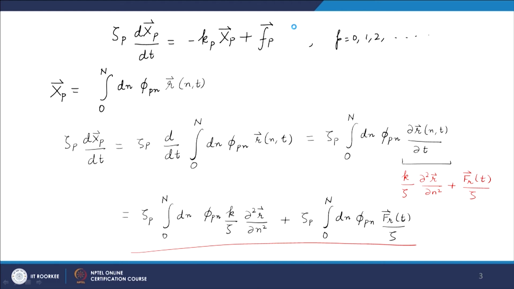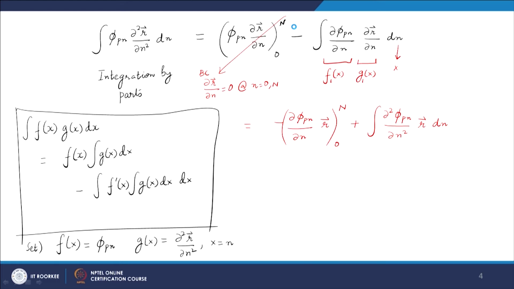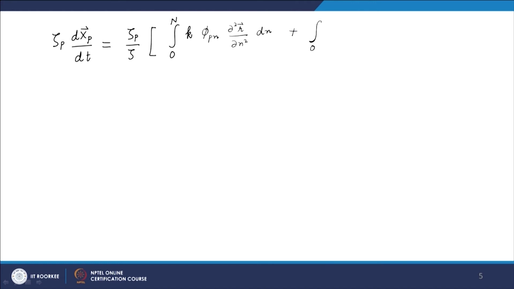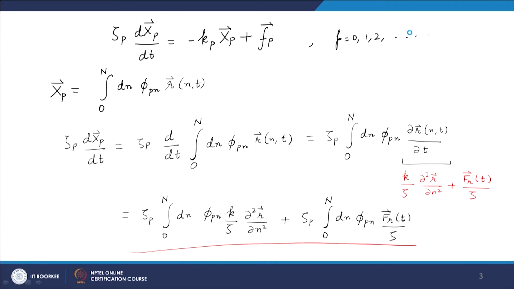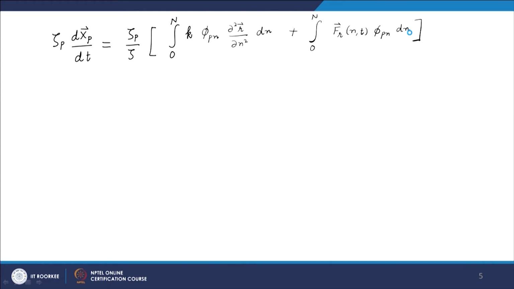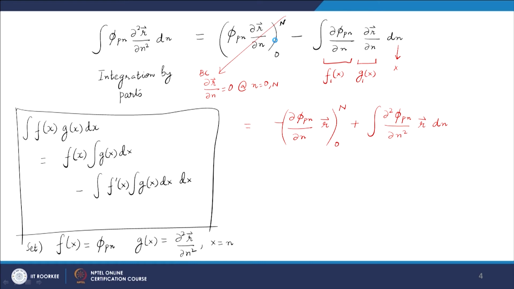So, zeta p by zeta is taken constant. So, we have 0 to n fr and t phi Pn, and then we have dn right here as we had in this expression. Now, I want to replace this term right here with what we have derived, that is right here.